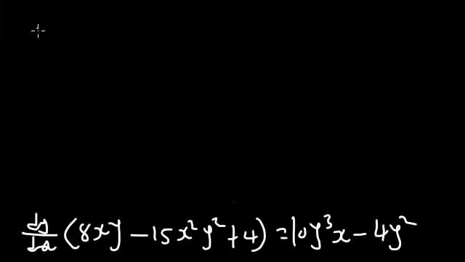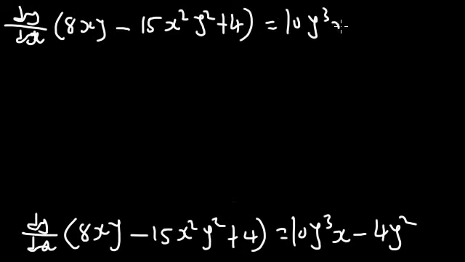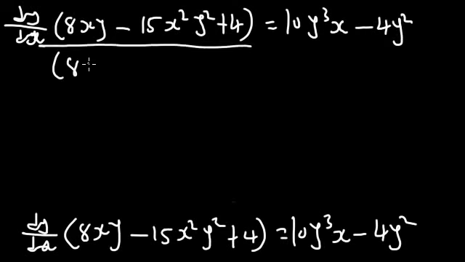So now we can divide through dy/dx times 8xy minus 15x squared y squared plus 4 equals 10y cubed x minus 4y squared. So we can divide through by 8xy minus 15x squared y squared plus 4.